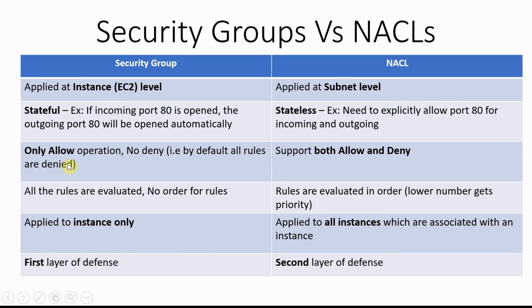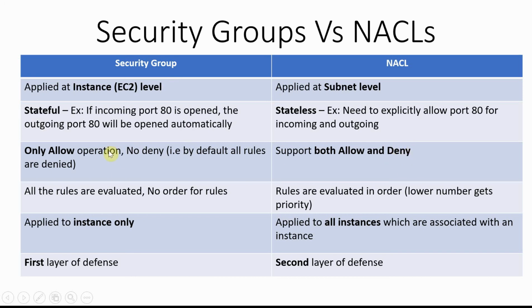The other difference is that security group only has allow rules; there's no deny option. As Srini said, if a question says you want to deny traffic from a particular IP, you can't do it at the security group. You should do it only at the NACL level, because deny is only available in NACL.